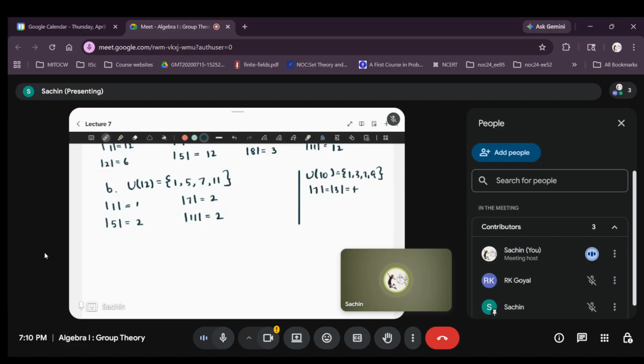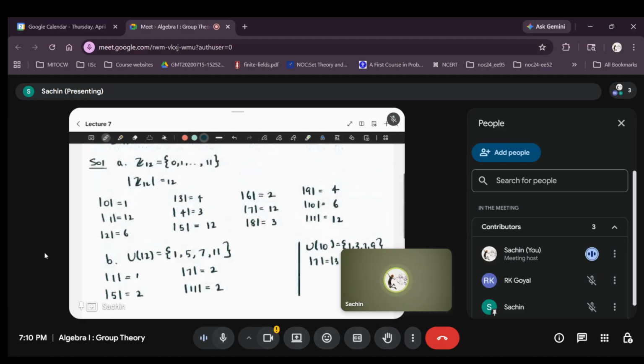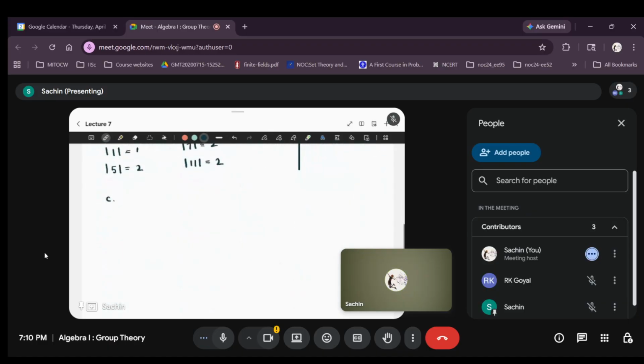So U of n, just by knowing that, at least for now, we don't know whether it's a cyclic group or not. There's nothing deeper about this. We can't make a general claim on U of n.